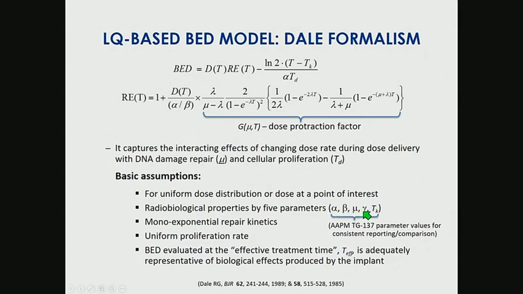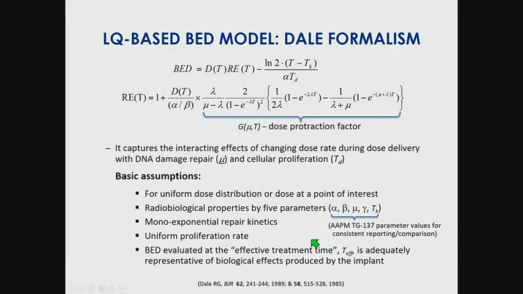And the gamma is basically this factor, so it's related to the effective tumor doubling time. AAPM TG43 has endorsed a self-consistent set of parameters for calculating biological indexes, for the purpose of improving intercomparability for people reporting such analysis.